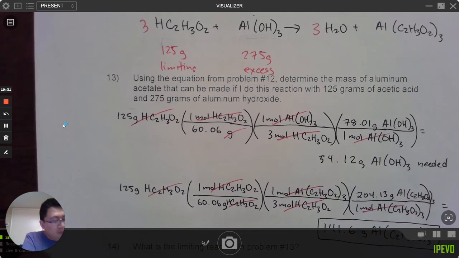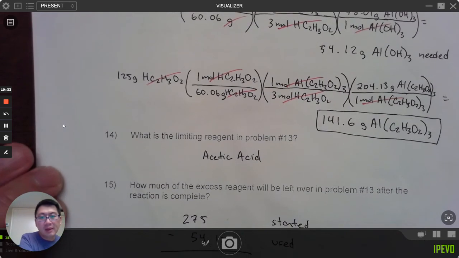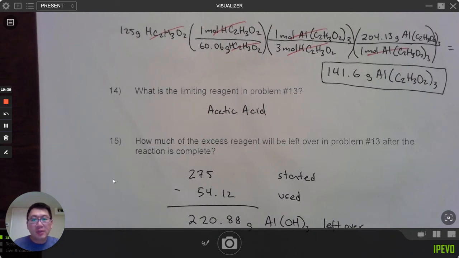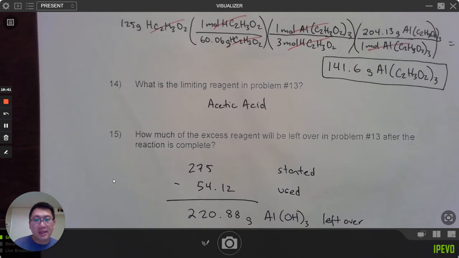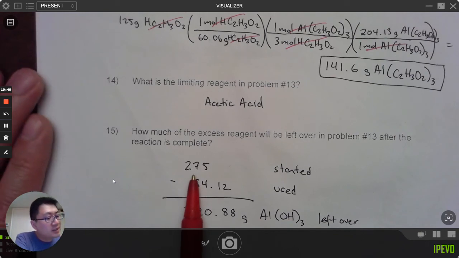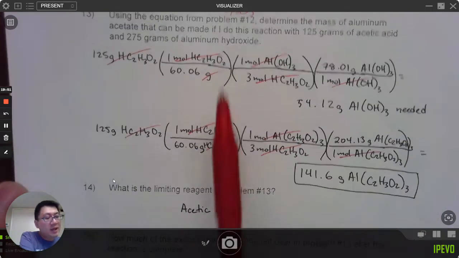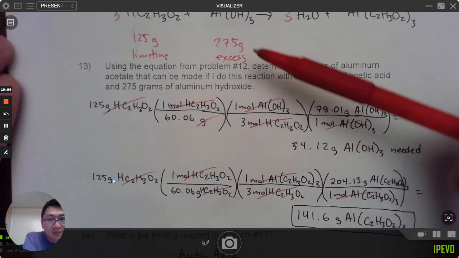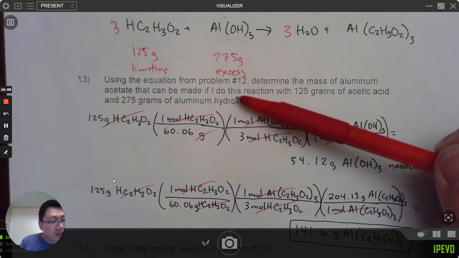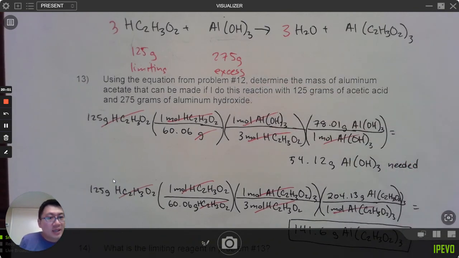Okay, last question. How much excess reagent will be left over in question number 13 after the reaction is complete? Remember, I had 275 grams of aluminum hydroxide, and aluminum hydroxide was my excess reagent. How much will I use? 54 grams.